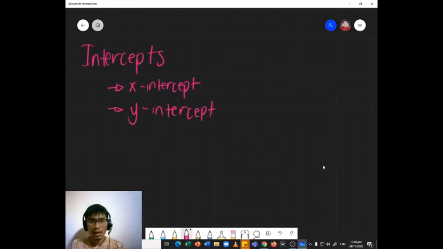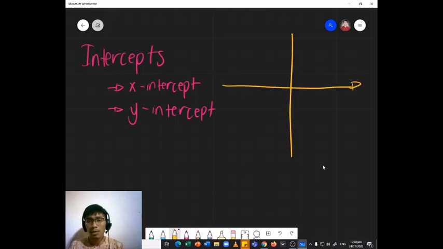The x and y intercepts are the parts of the rational function where your graph touches either the x or y axis. If you still remember, we have a Cartesian plane.